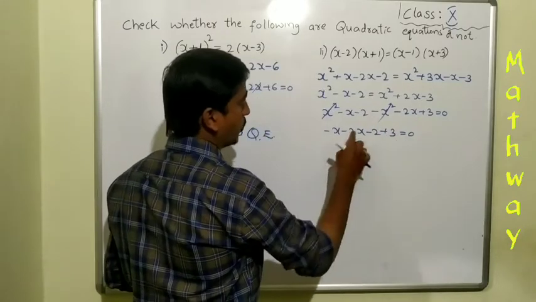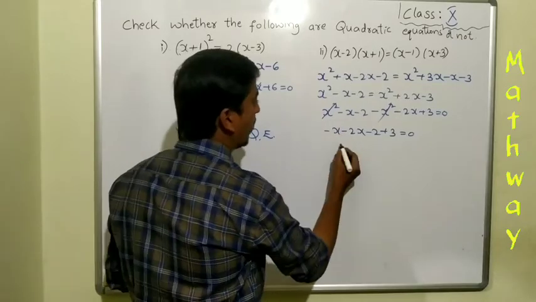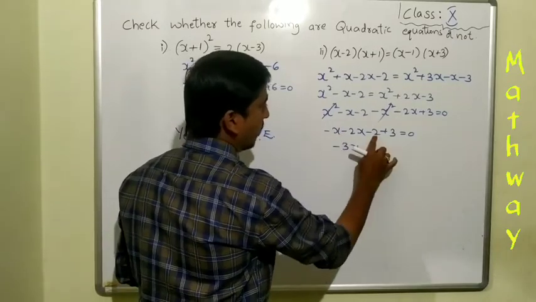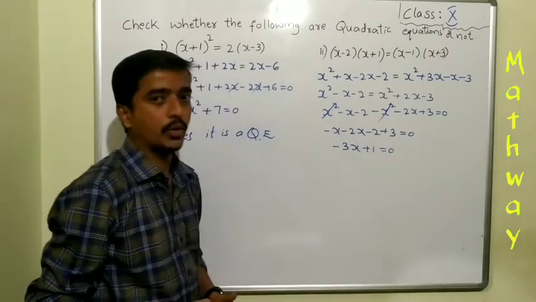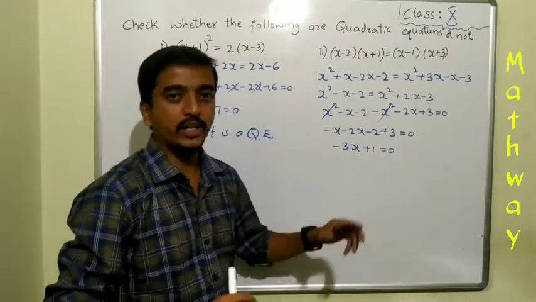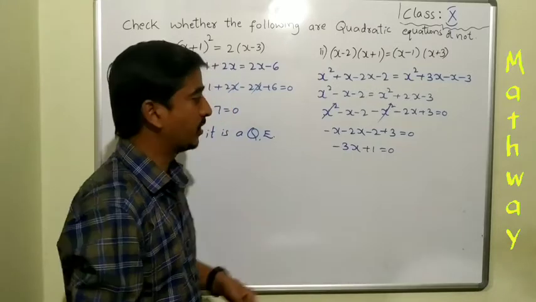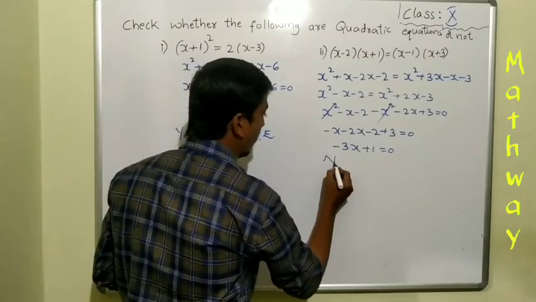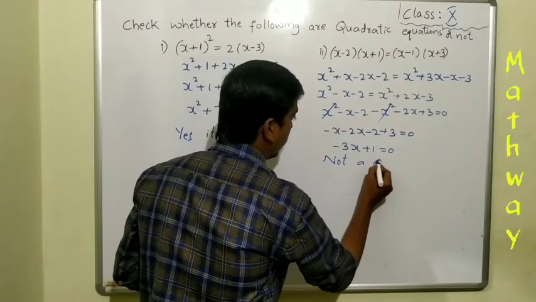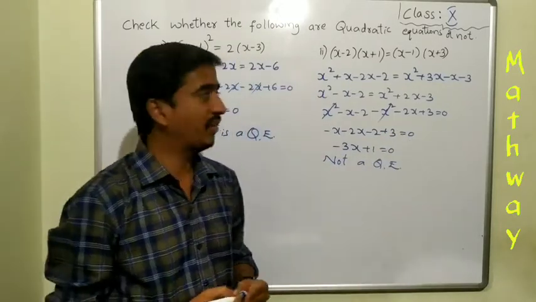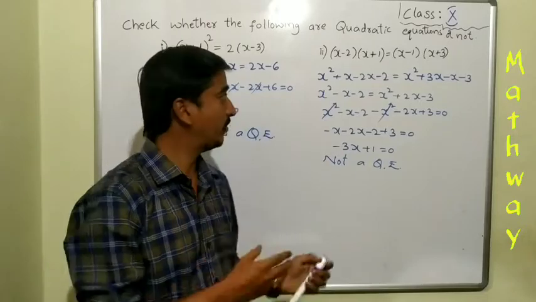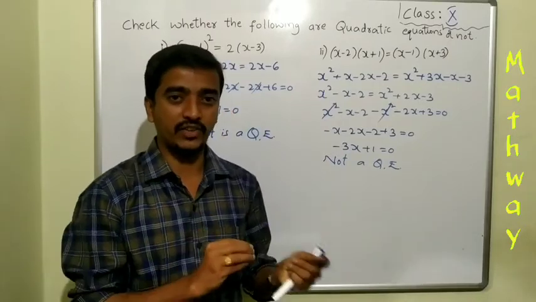Minus x minus 2x, by adding this we get minus 3x, minus 2 plus 3 is plus 1, equal to 0. So it is not in the form of a quadratic equation. There is no x square term. That's why it is not a quadratic equation. In this way we can simplify and check whether the given equation is a quadratic equation or not.